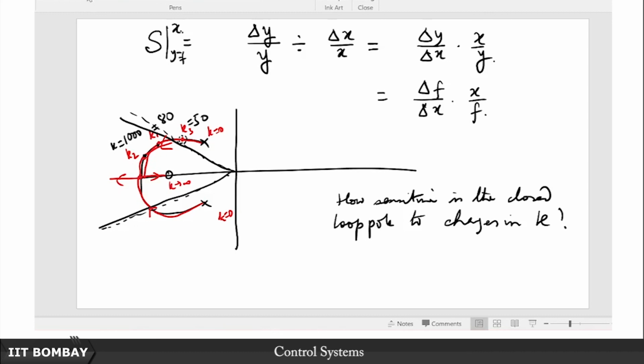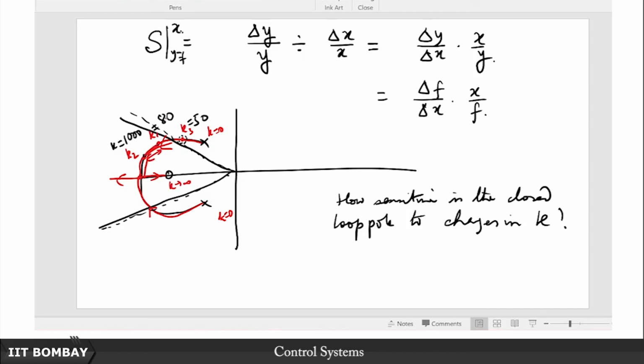So then you see it does not take a genius to figure out, not much thought is required to infer that you look at this amount of change in the closed loop pole, it is this much.